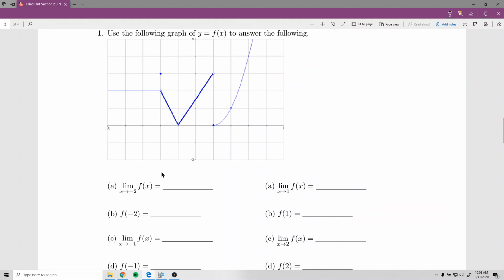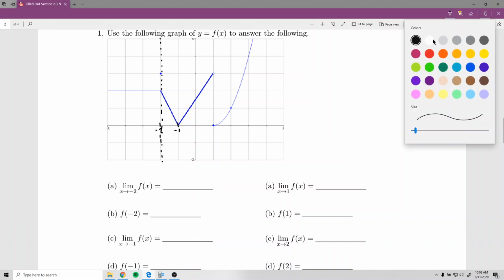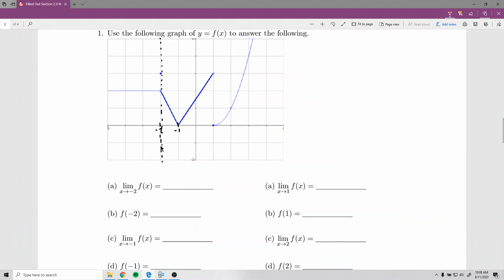All right, so part A and B deal with x equals -2. We want to find the limit as x goes to -2 of f of x, and then what f of -2 is. This is -1, this is -2, and we want to look here for part A. And what is the limit as x goes to -2?